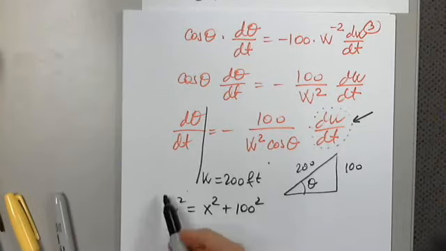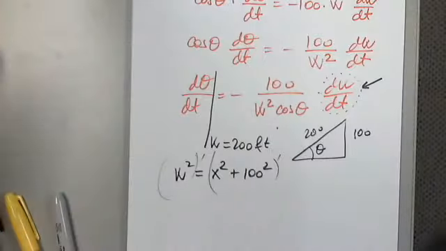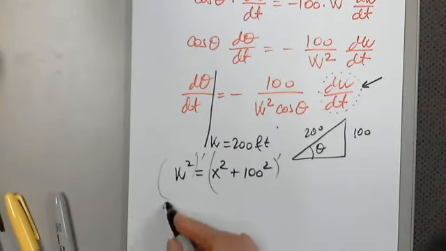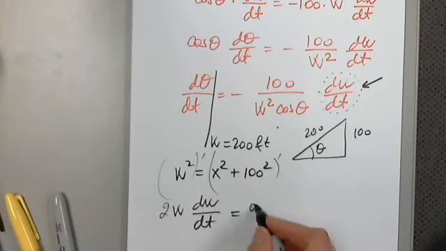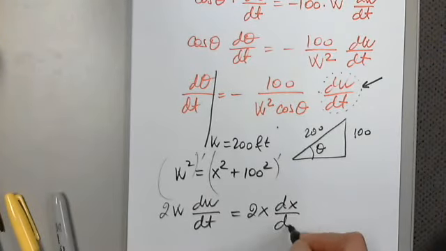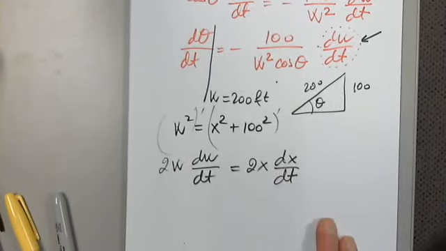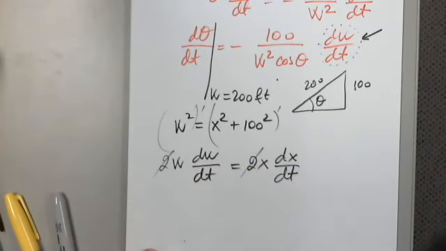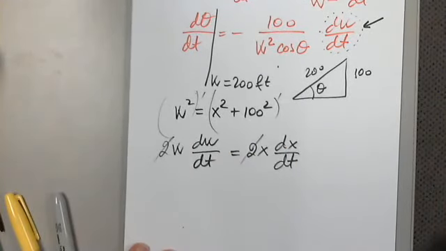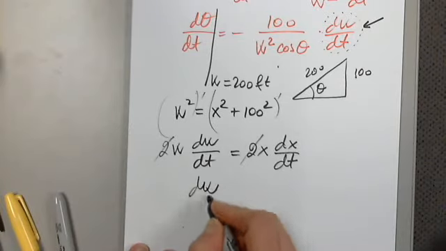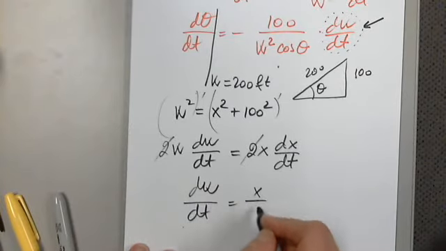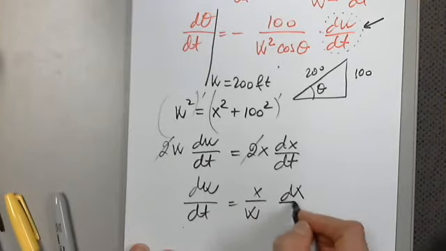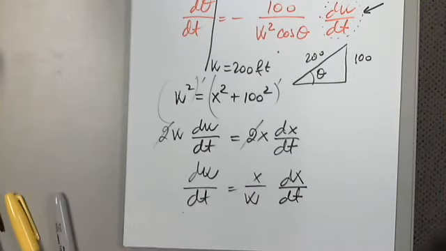So I differentiate the left-hand side and the right-hand side. The left-hand side is 2w dw over dt, and the right-hand side is 2x dx over dt. I will simplify the 2's, and I got what I wanted: dw over dt equals x over w dx over dt.